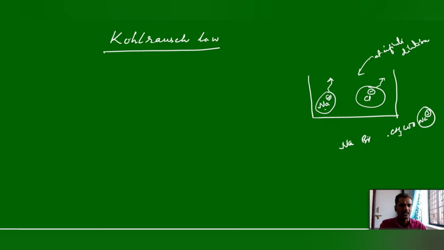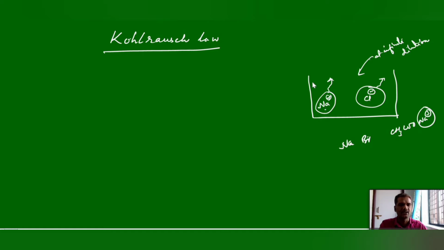Whatever the type of electrolyte, at infinite dilution each ion behaves independently. It can show only one type of ionic mobility or ionic conductance, which is the same whatever the ion, from wherever it may come. So by using this, we can calculate the limiting molar conductivity of weak electrolytes.